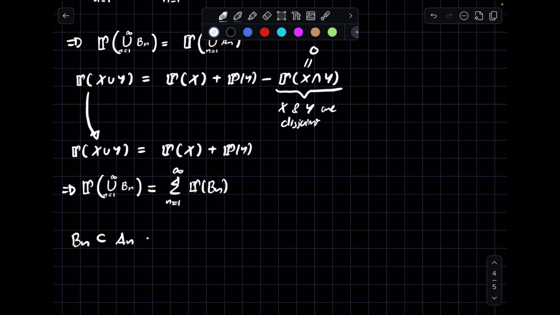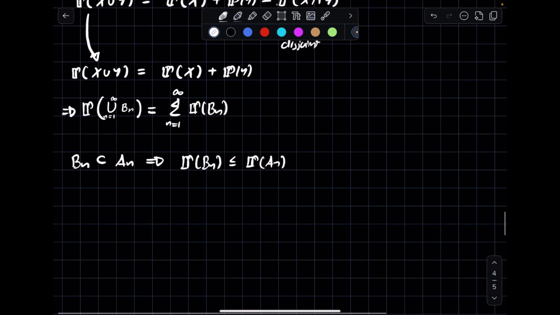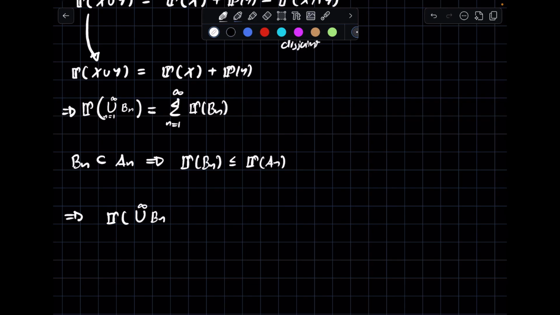Meaning, per monotony, that we already proved, that this guy is lower than A of n, right? So this applies as well, you know? P of union Bn is lower or equal to probability of union of An, right?